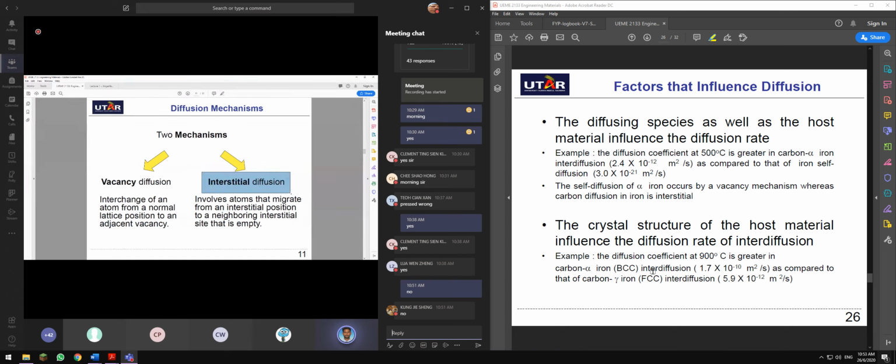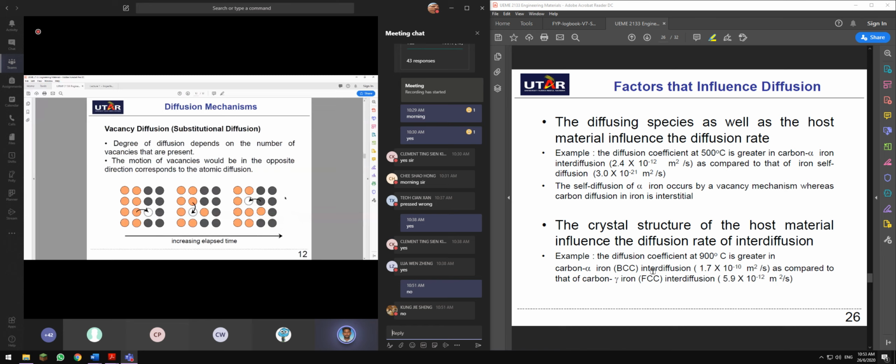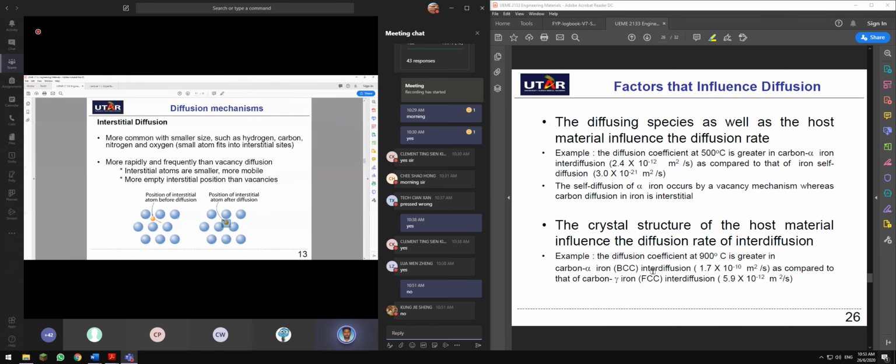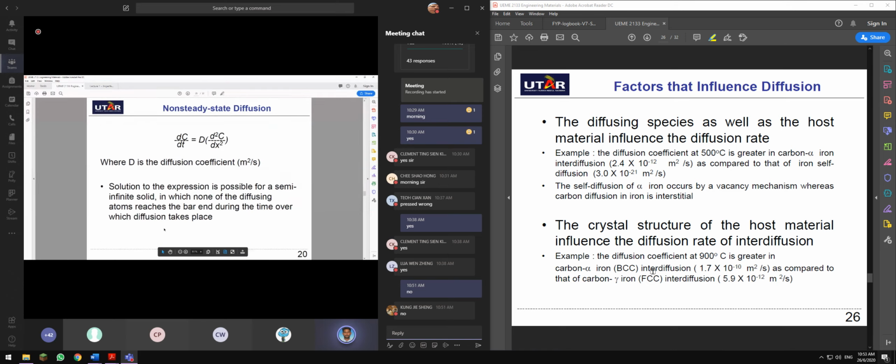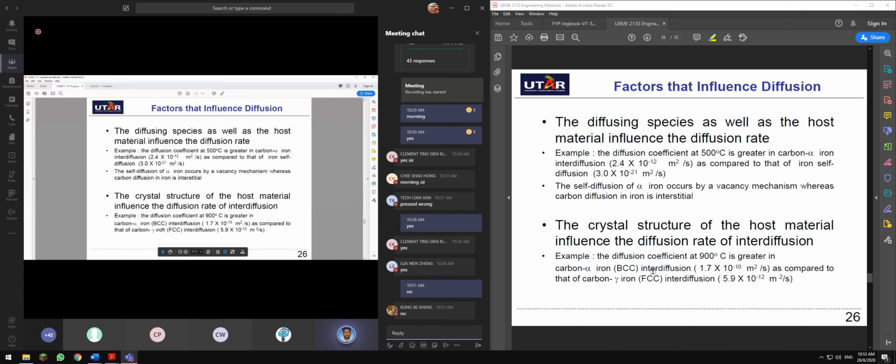I did mention to you that interstitial diffusion is greater than vacancy diffusion because interstitial atoms have a smaller size, so they can seep through the voids between two atoms. So one of the factors that affects diffusion besides temperature is the diffusing species as well as the host material influencing the diffusion rate. Highlight this.